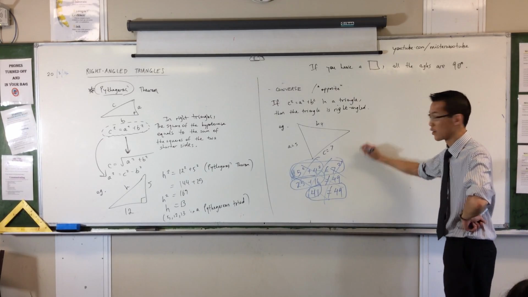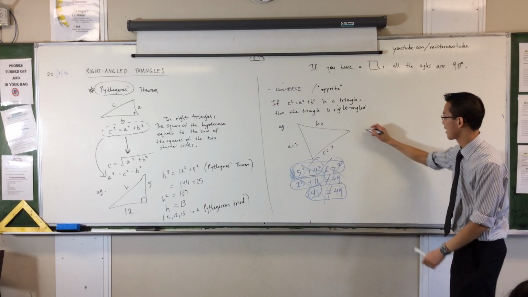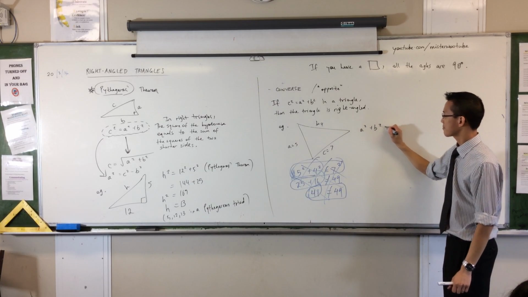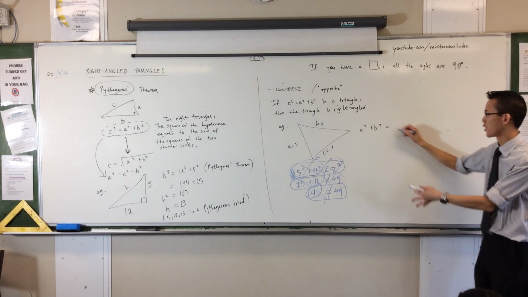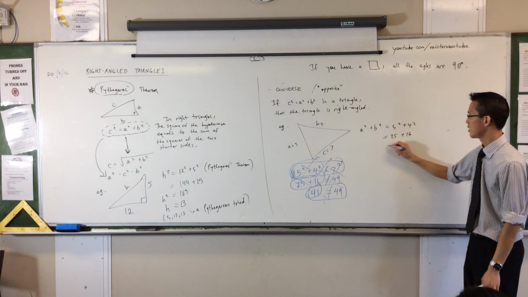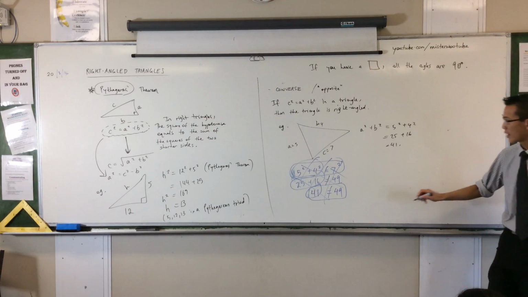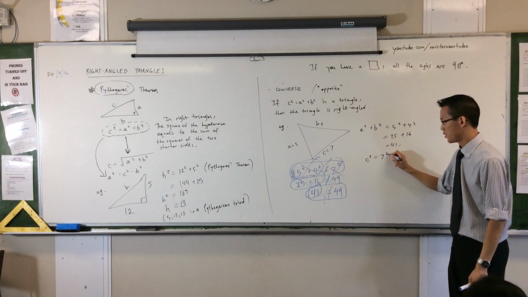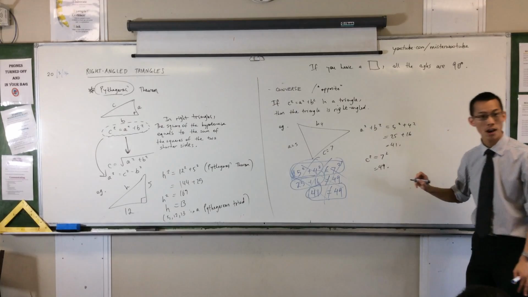So let me just rehearse that for you, and this is the way I'd like you to set it out, so you can follow along with me. A squared plus b squared, that's still going to be 5 squared plus 4 squared, still 25 and 16, still 41. C squared, still 7 squared, still 49.